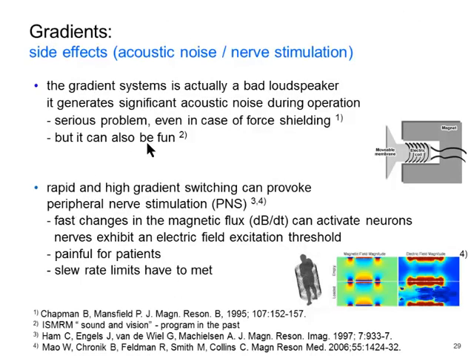Other side effects that come along, and all of us know this: gradients are very bad loudspeakers. Even if they are somehow shielded, it's not possible to get rid of all these interactions. It's a coil within an electromagnetic field, so it's generating serious noise, causing serious problems, even if we would apply force shielding.